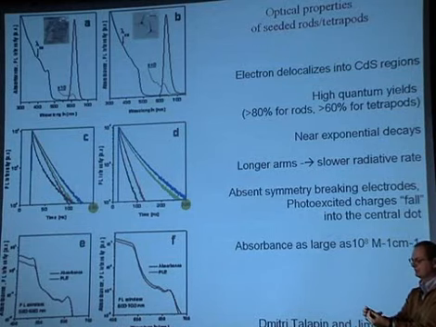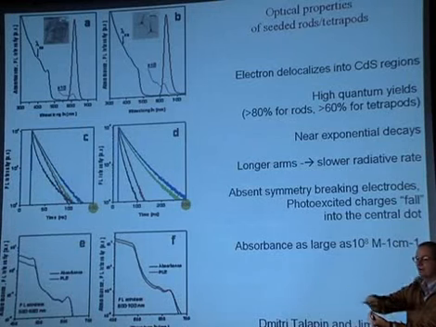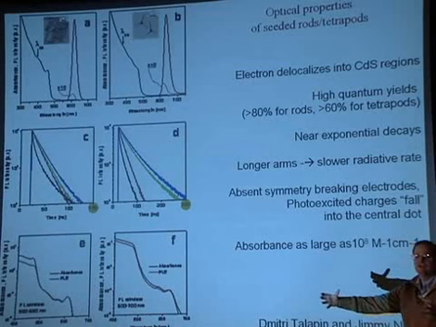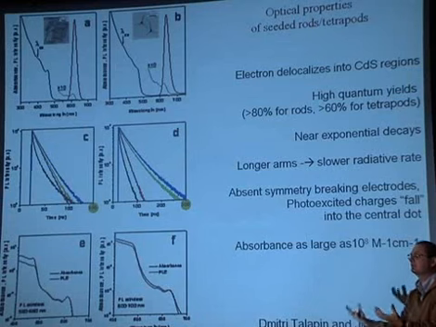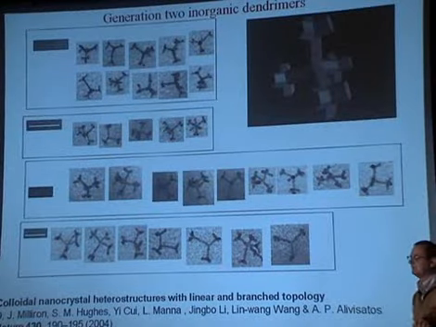So if you grow that arm longer and longer, quantum mechanically, the electron is delocalizing over that whole arm, whereas the hole is sitting in the center. So as you make the arms longer and longer, you can see the radiative rate becoming slower as the system has this separation of electrons and holes. So, these things show lots of interesting, I would call these nanocrystal molecule-like behaviors.